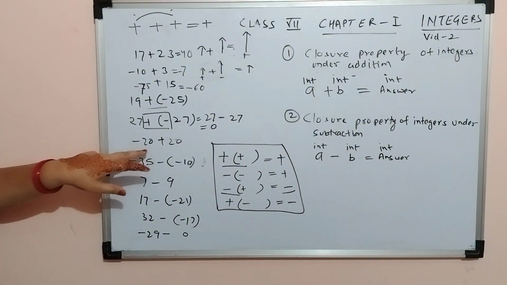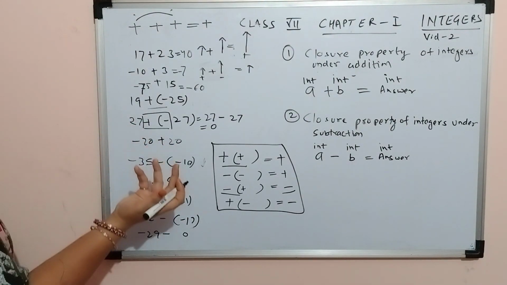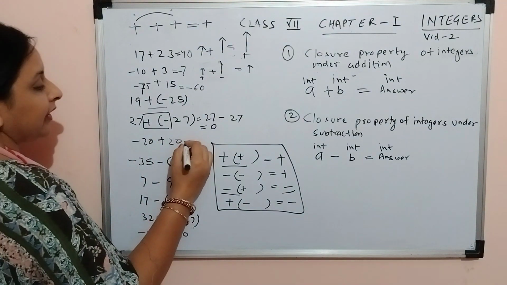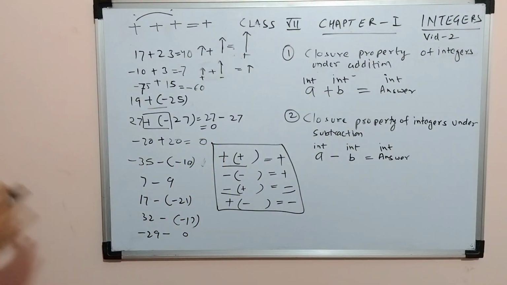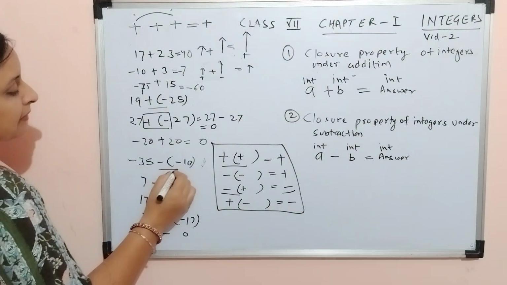Now solve this one. Again you have two different signs, so subtraction will take place. 20 minus 20 is 0, and 0 doesn't have a positive or negative sign. And 35, again you see minus minus.